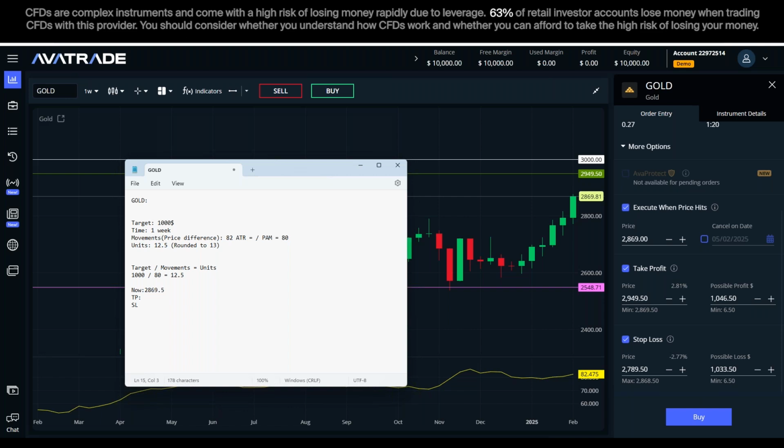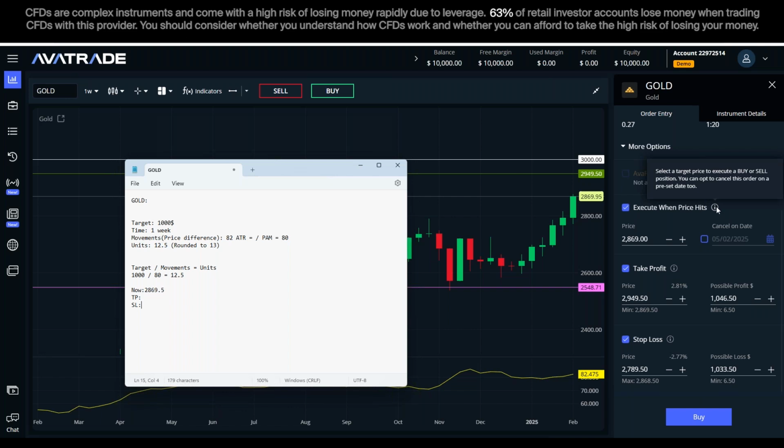TP stands for take profit, stop loss stands for stop loss, and you guys don't have to remember anything because it's written here, right? Everything is written here. Just point on the bubble and it's telling you what it does. And of course, the execute when price hits is super simple to understand, and I didn't explain it because it's self-explanatory.